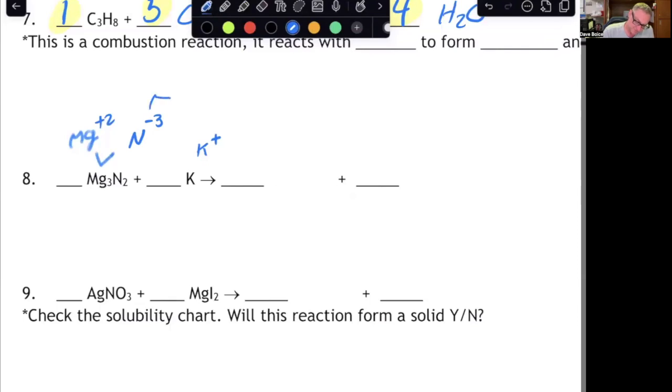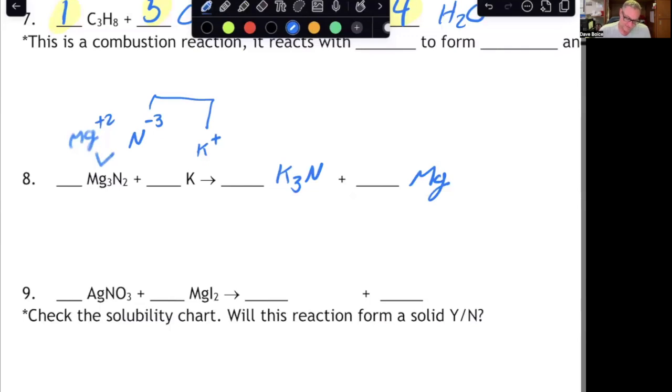And so I'm going to make K with N. Now this is a -3, so therefore I'm going to need K3N. That's the only way this can go together. KN is not a thing. And then magnesium is just on its lonesome now, so it's just written as magnesium. Charge isn't really a thing.